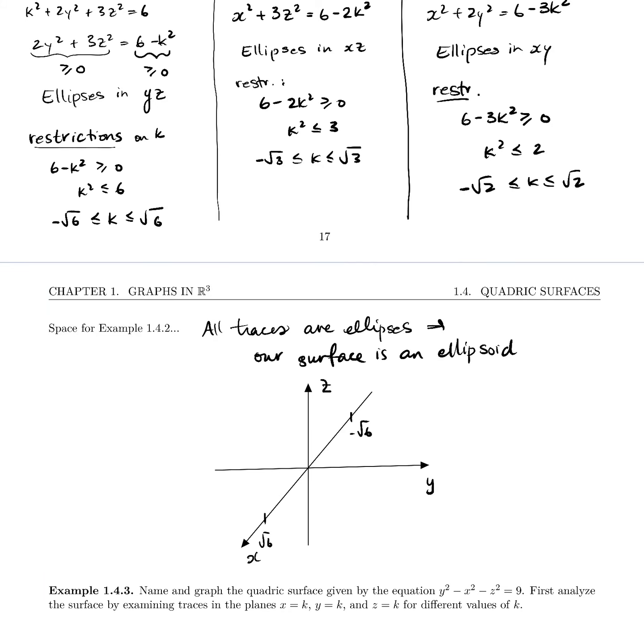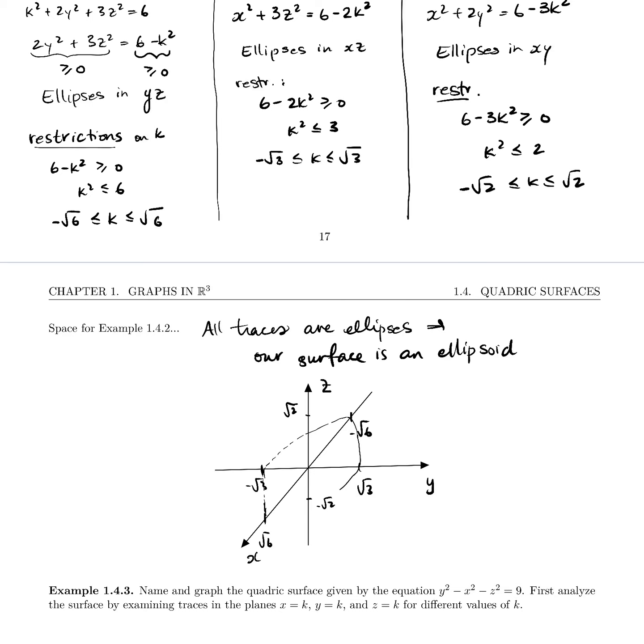In the y direction, from minus root 3 to root 3, and in the z direction from minus root 2 to root 2. So we have a football shape, right? We have the ellipsoid, which we need to sketch in to the best of our ability.